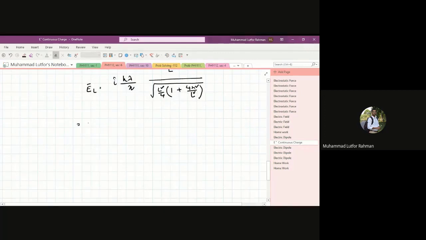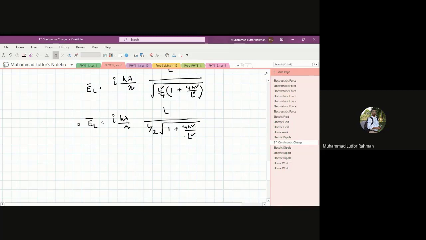Then E_L would be i k lambda by x, into L by 2 divided by square root of 1 plus 4x square by L square.